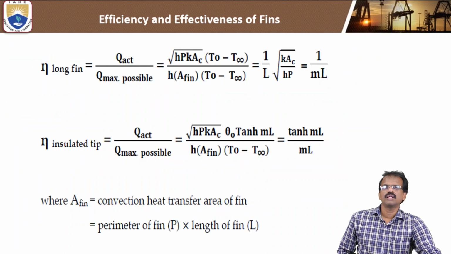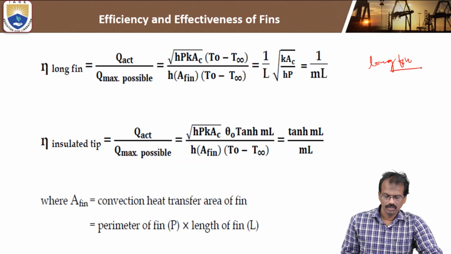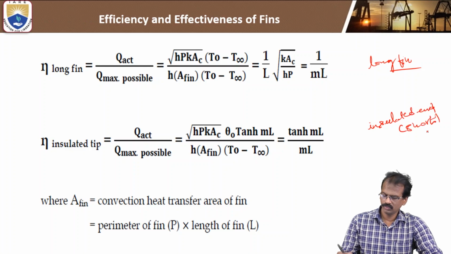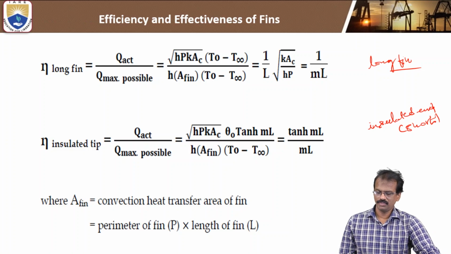So this is the efficiency formula for the long fin. The second model is the insulated end pin or short pin, and one more is the convection from the end pin.